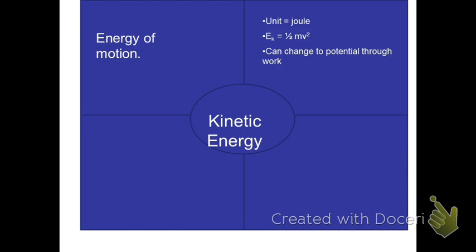Kinetic energy can change to potential energy through work, just like potential can change to kinetic. Some examples of kinetic energy include a ball in motion, if it's rolling, or flying through the air, or a leaf falling.